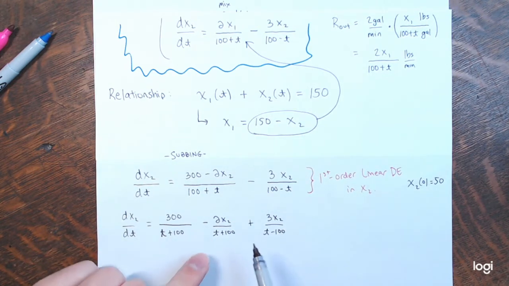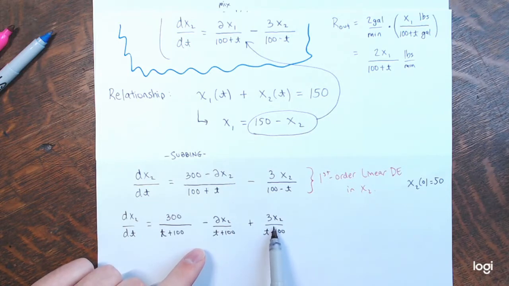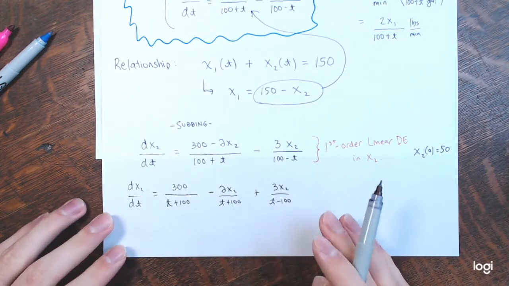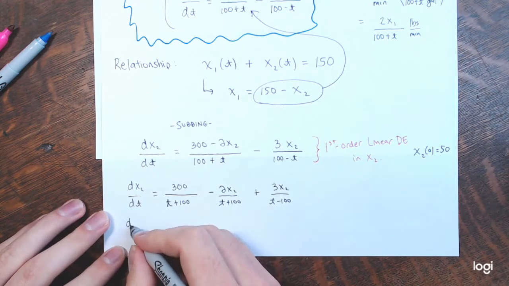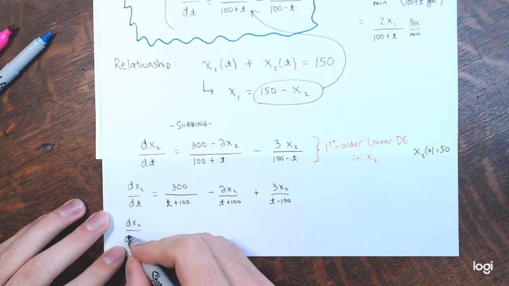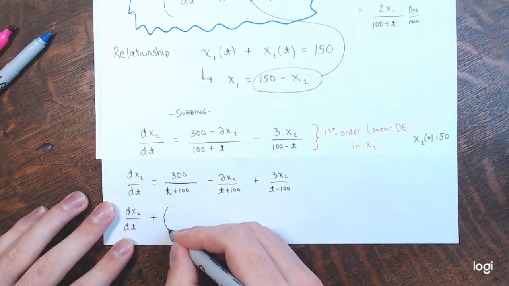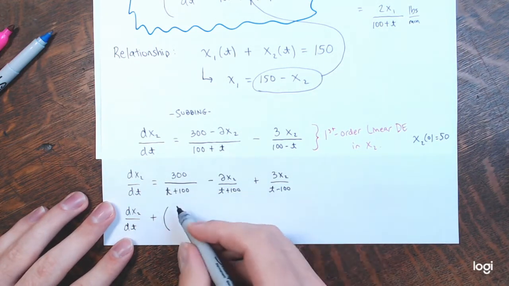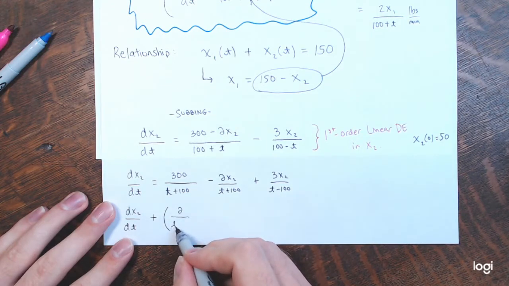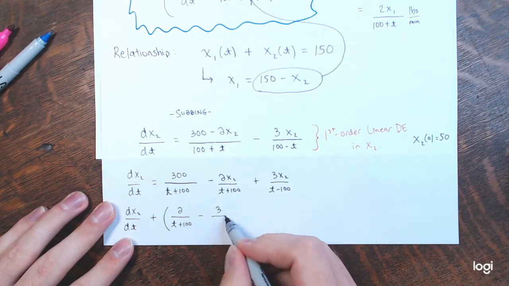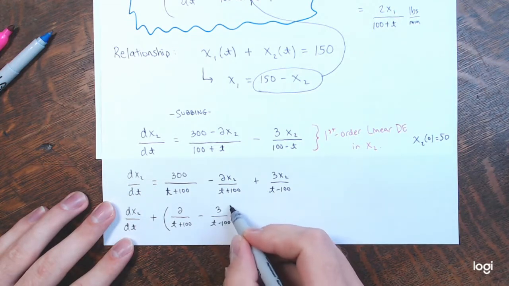And then I want to get these two things together. Let's just keep this the way it is, factor out the x2, get it to one side. All right, so here's the standard form. dx2/dt plus 2 over t plus 100 minus 3 over t minus 100 times x2.